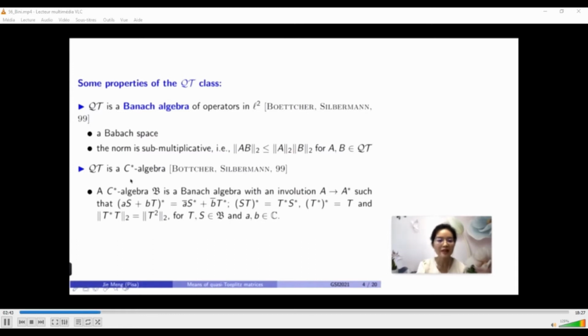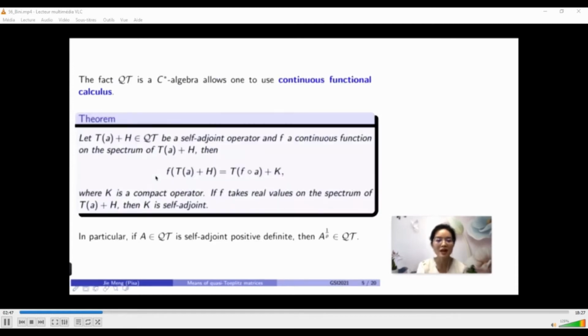Okay. This property is very important because, since Qt is a C-star algebra, we can use the continuous functional calculus.